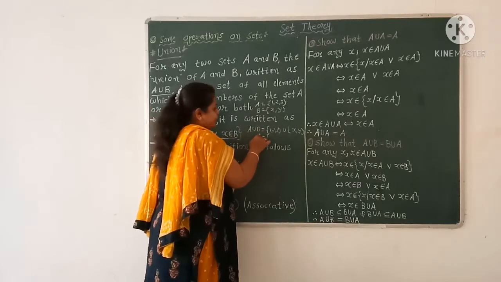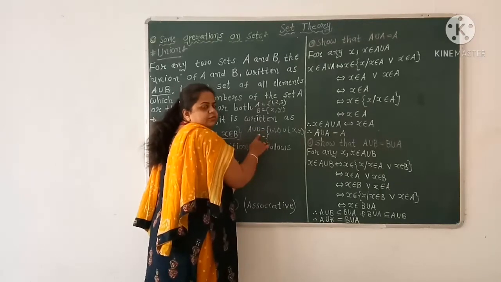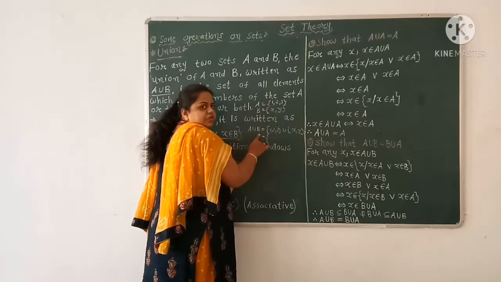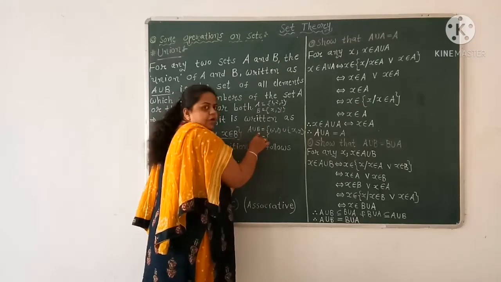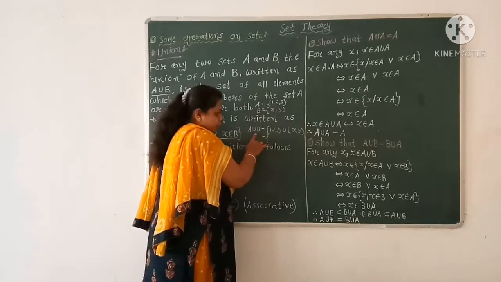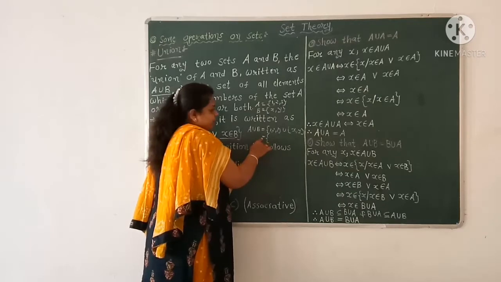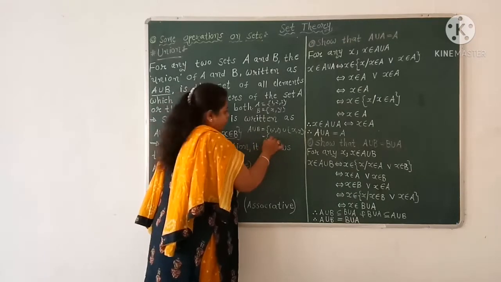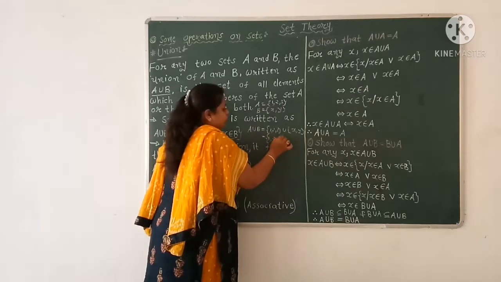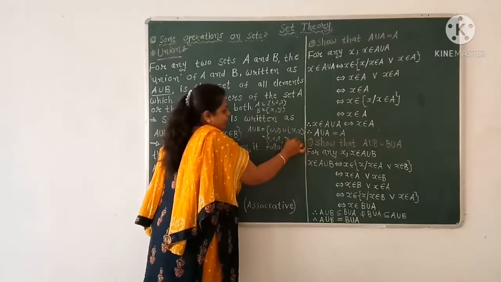We know that A union B is the set of all elements which are in A or in B or in both. So A union B is equal to {1, 2, 3, x, 1}.